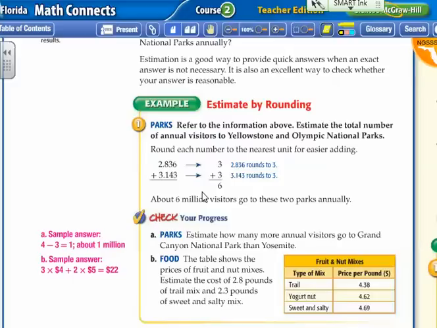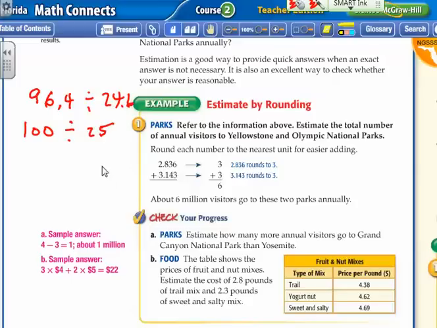If it's multiplication or division, sometimes we're not rounding to the nearest whole number. Like in class when we did the pre-test, if you're taking 96.4 and you're going to divide it by 24.6, it's a whole lot easier to estimate if you round the 96.4 to 100 and divide it by 25 to get 4.